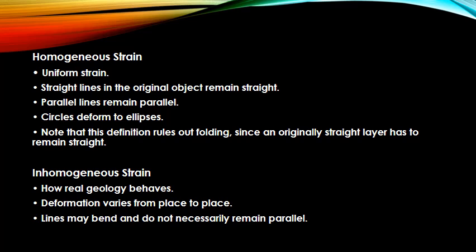Note that this definition rules out folding, since the original strained layer has to remain straight. Whenever we implement the force, any object with parallel lines or circle shapes stays in straight layers, and that is known as homogeneous.